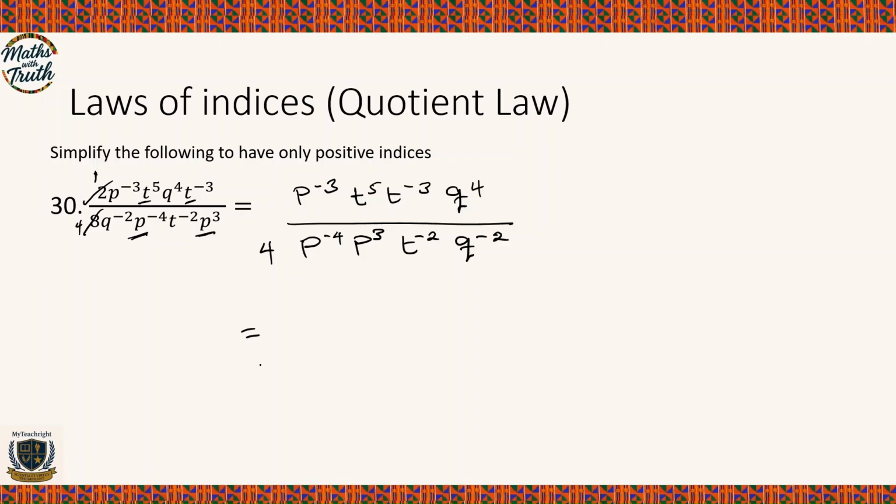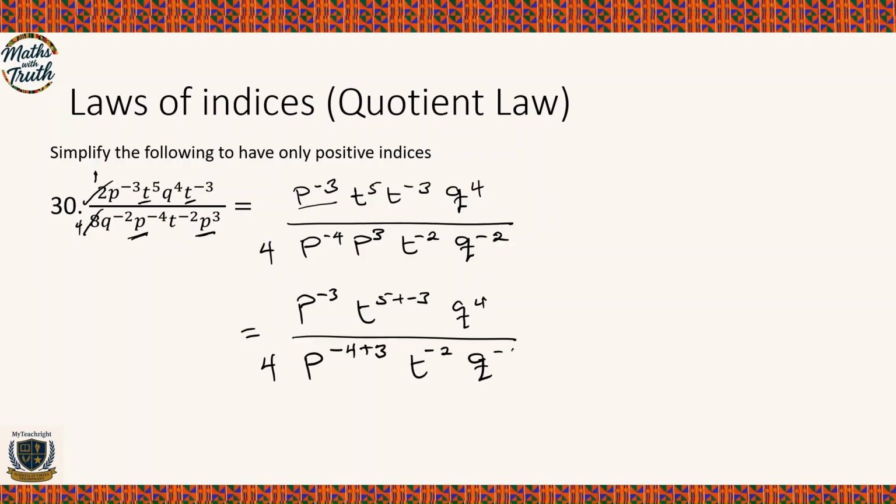So that is equal to t exponent -3, t exponent 5 plus -3, and then you have q exponent 4, all divided by 4 times p exponent -4 plus 3, and t exponent -2, q exponent -2.